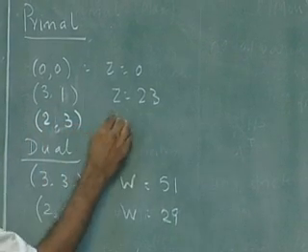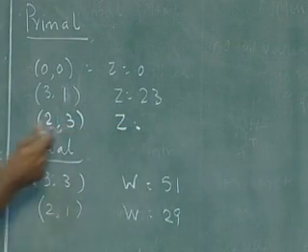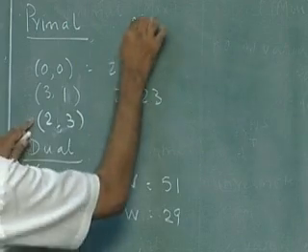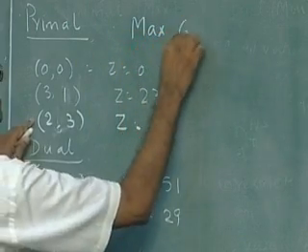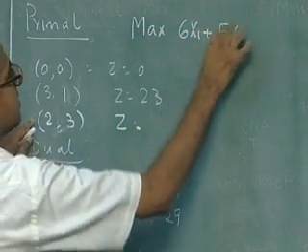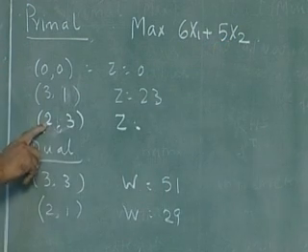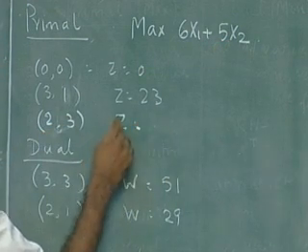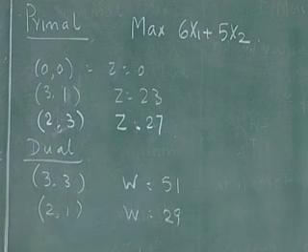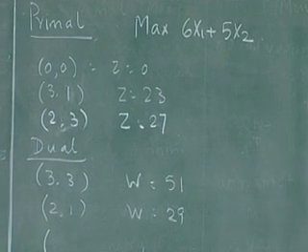For example, if we go back here and say that the primal has a feasible solution, say 2 comma 3, the objective function was maximize 6x1 plus 5x2. So if we have a feasible solution 2 comma 3 with z equal to 27, now dual has a feasible solution.